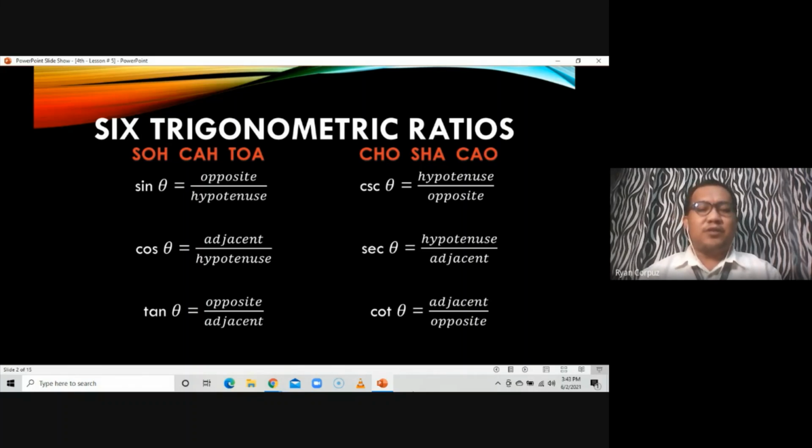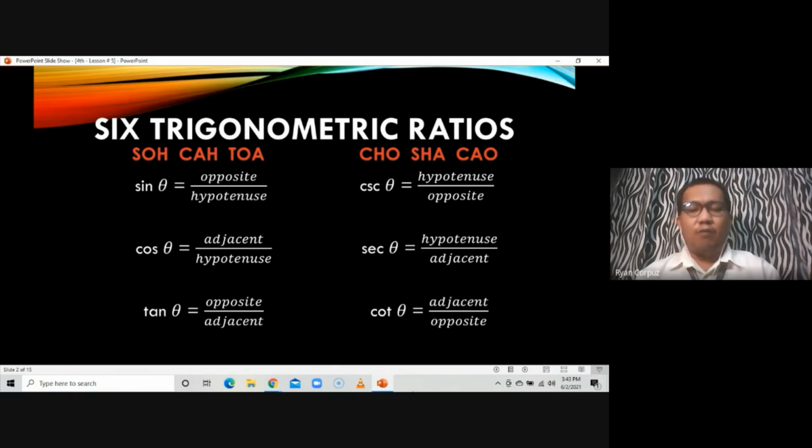So these first three trigonometric ratios, ayun tinatawag natin three basic trigonometric ratios. It's because that's the usual trigonometric ratios that we are using every time we are solving problems which involves right triangles.